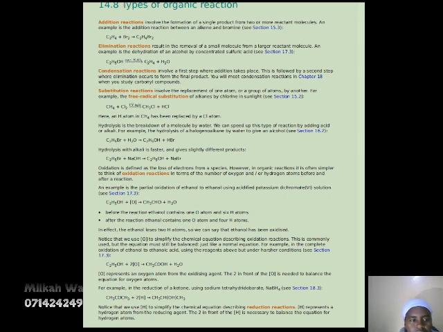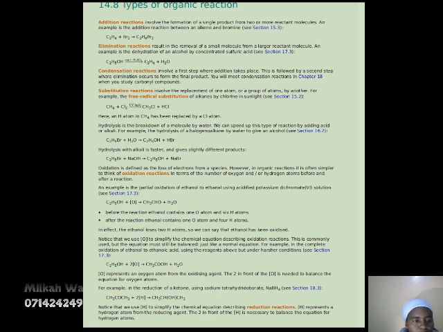Then you have oxidation reaction, which is the loss of electrons from a species. So in oxidation reactions in organic chemistry, we use an oxidizing agent, for example, potassium dichromate solution, and in this case you represent it using an O enclosed in square brackets.